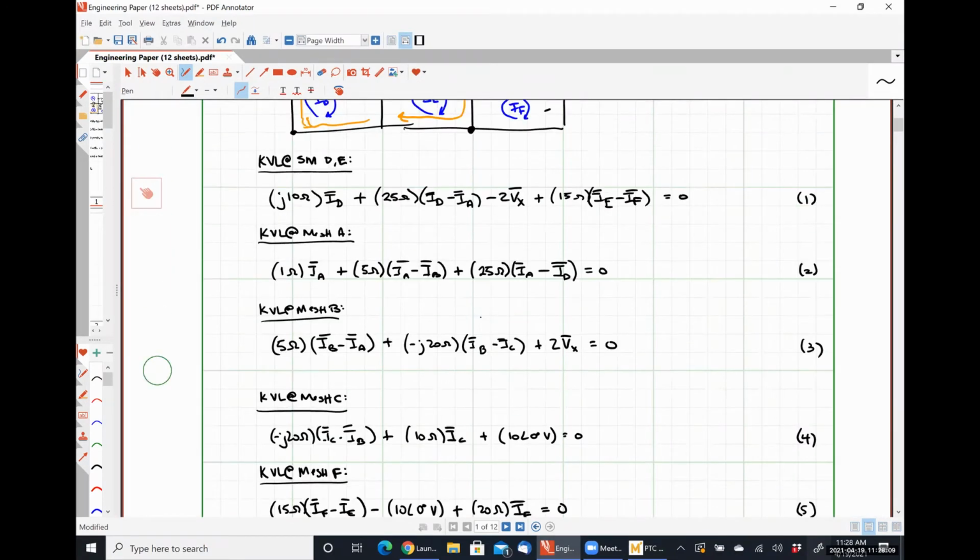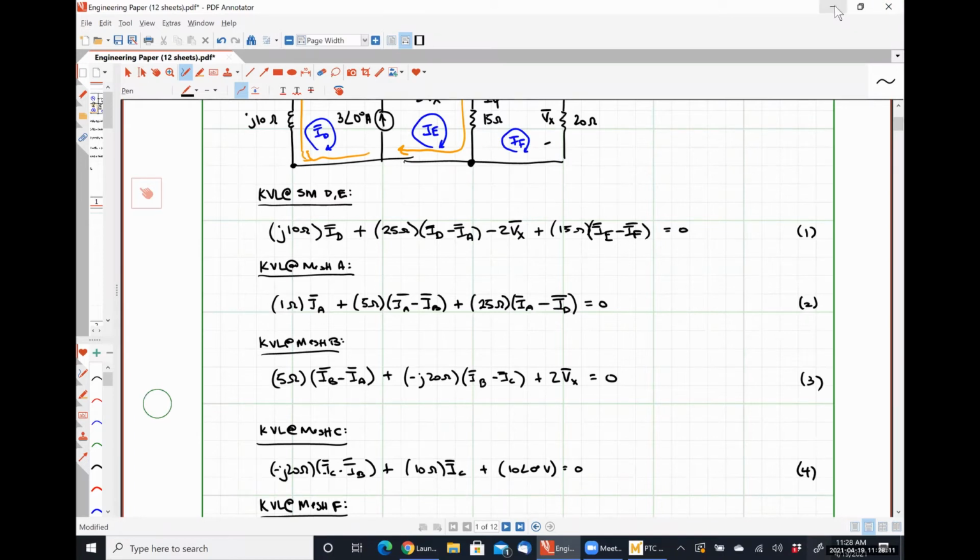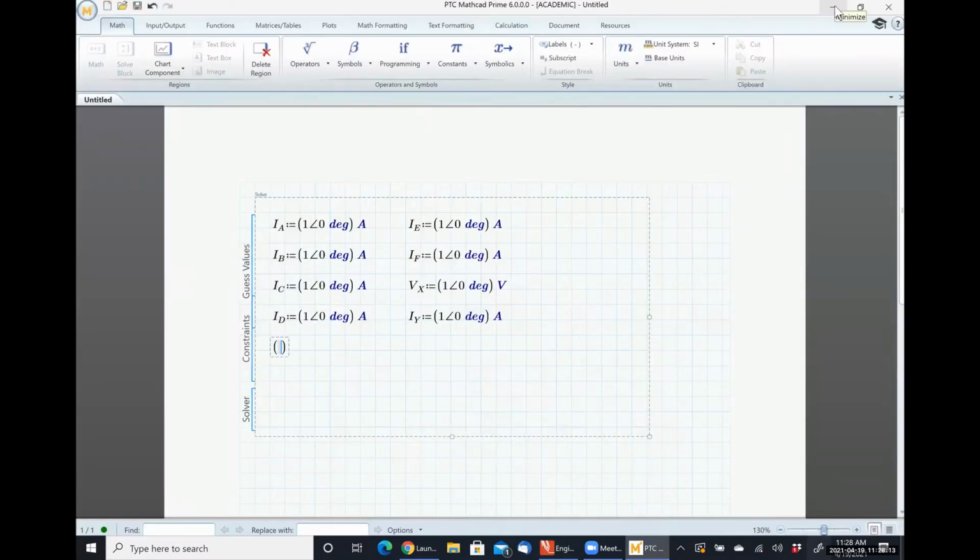So I have j10 times ID. MathCAD can interpret j and i as the complex operator, but instead of doing j10, you have to do 10j or something like that. So it takes that. If it didn't take that, it would have an italicized j.